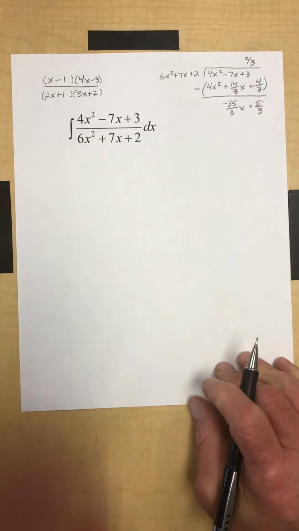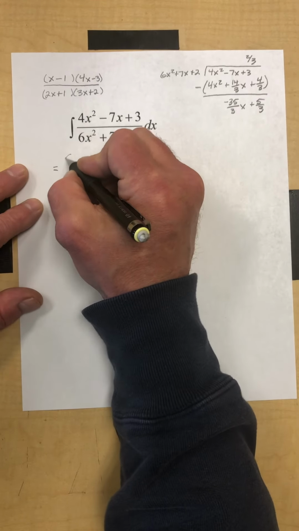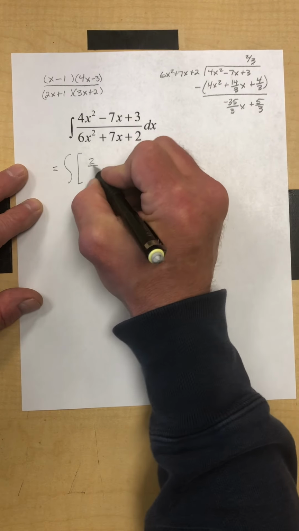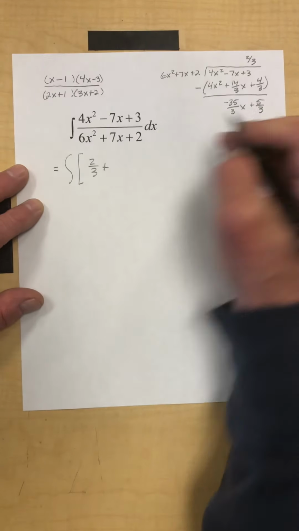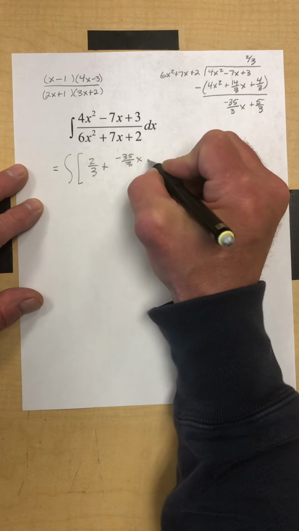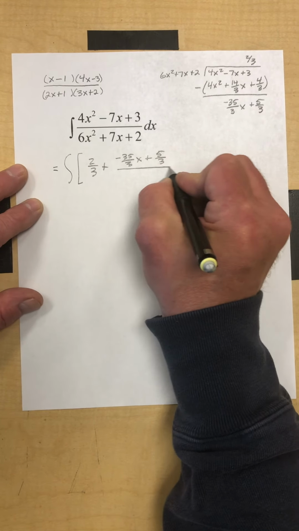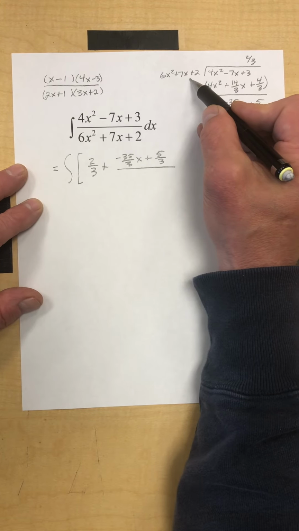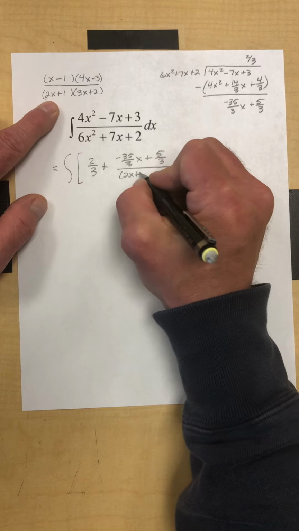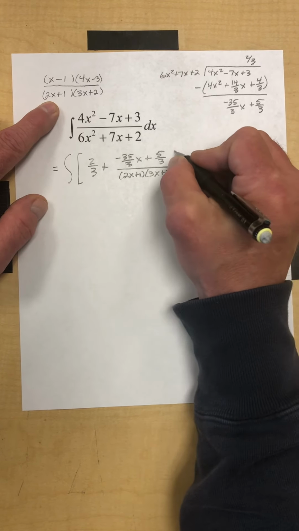So this is the same as 2/3 plus the remainder, negative 35/3 x plus 5/3, all over the divisor, which we know factors into 2x plus 1 and 3x plus 2.